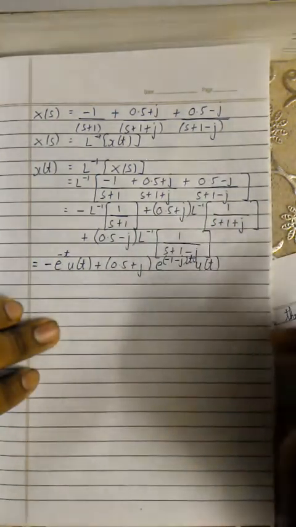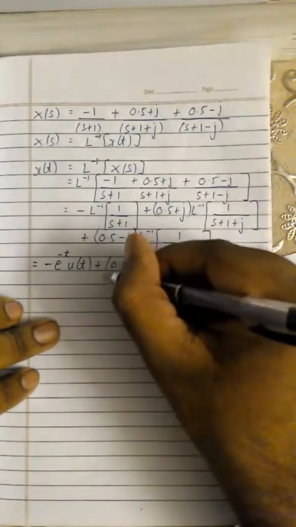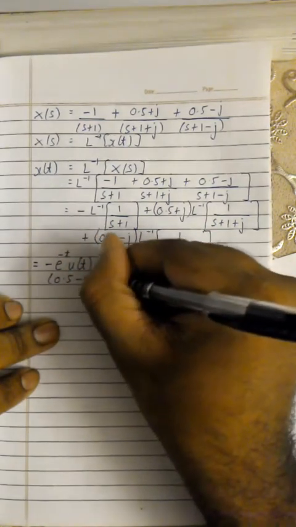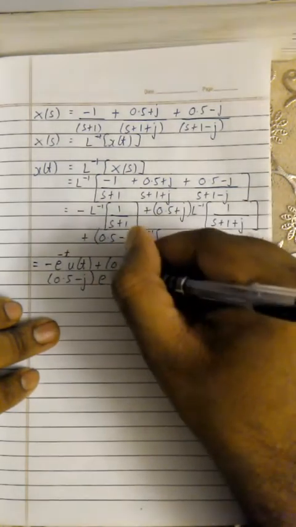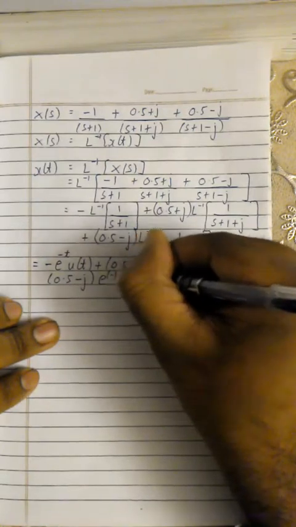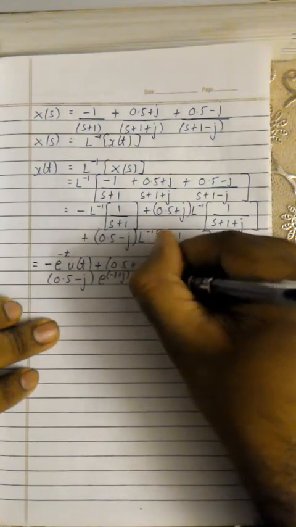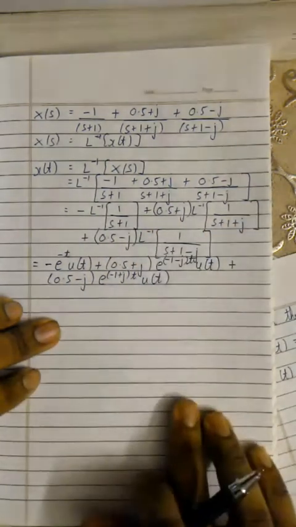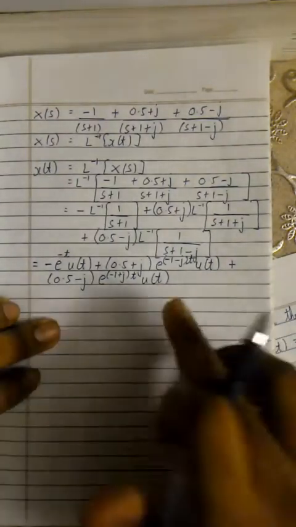Plus, now the Laplace inverse of this, that is 0.5 minus j times, similarly, e raised to (minus 1 plus j) t u of t. This is the equation. So this is the answer. What you can do is you can now change this answer.